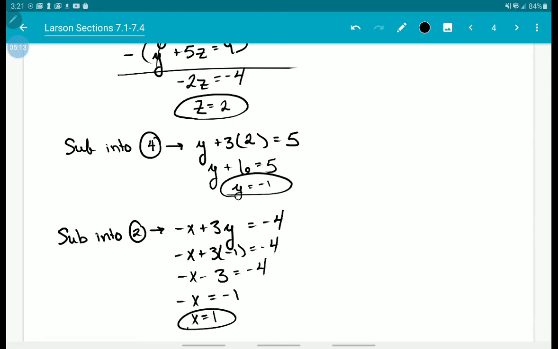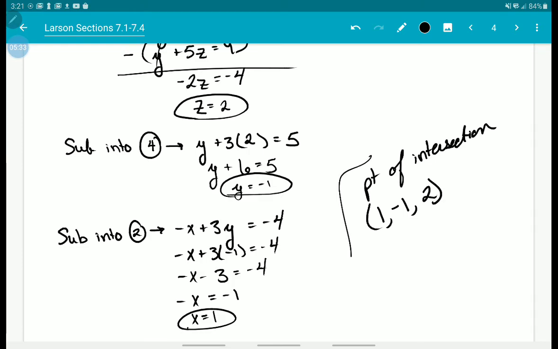So if we look at these equations, our point of intersection is the point x equals 1, y equals negative 1, z equals 2. There's our final answer.